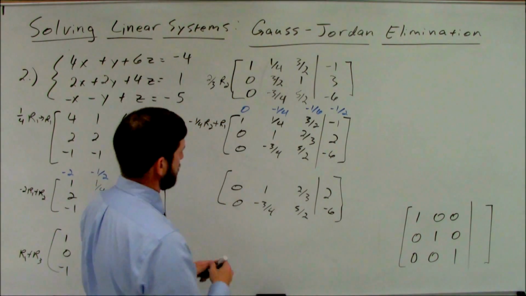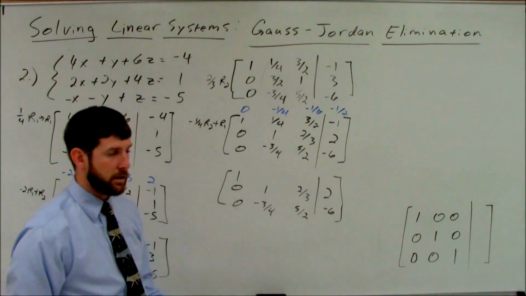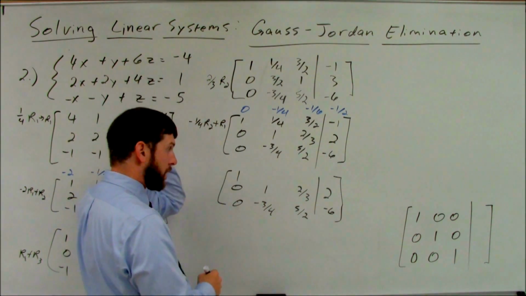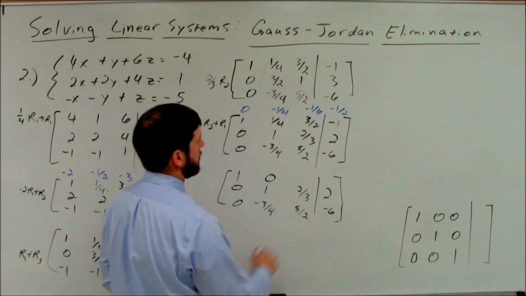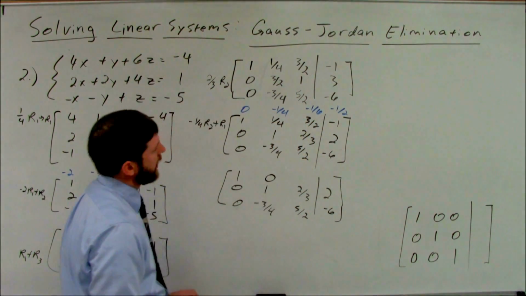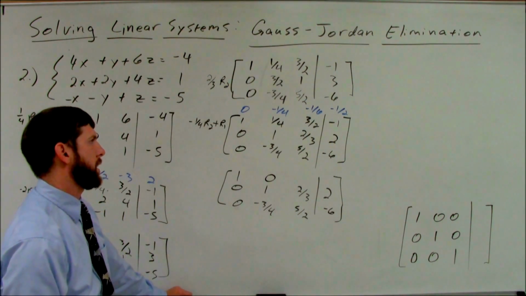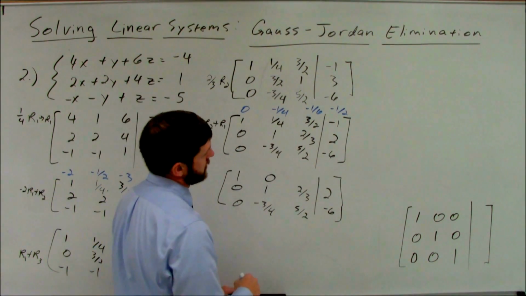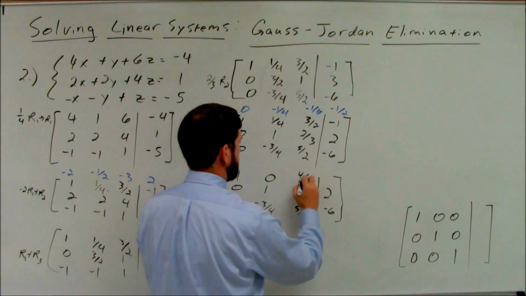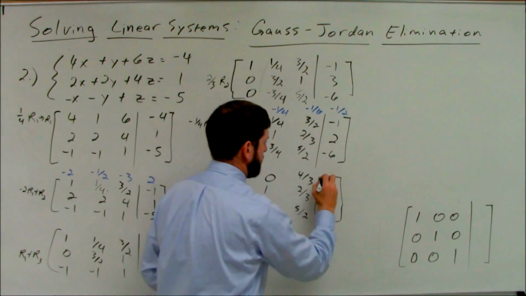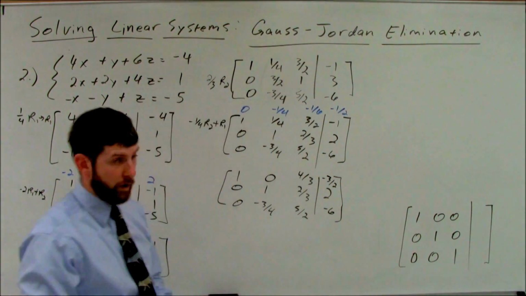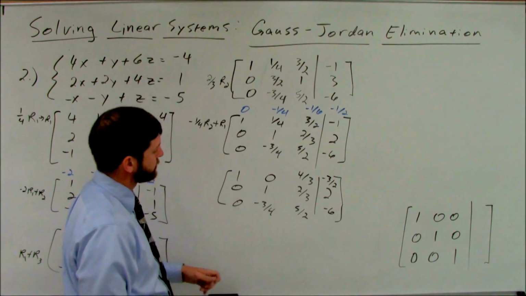Add them up, 0 and 1 is 0. Didn't impact column 1, or didn't change column 1 there. Negative 1/4 and 1/4 is 0. 1/6 and 3/2, so 1/6 and 9/6 is 8/6. 8/6 is 4/3. Hopefully my arithmetic is correct there. And then negative 3/2. We'll know here in a couple minutes.